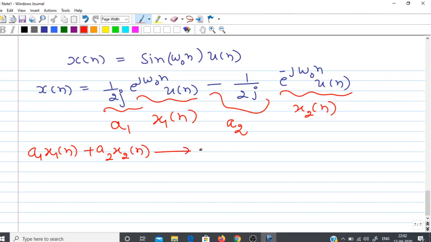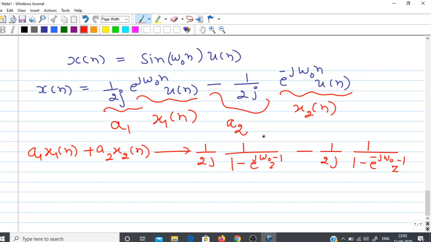So can we write the Z transform of the sequence a1x1[n] plus a2x2[n] using the linearity property? So it would be 1 upon 2j, and the Z transform of e to the power j omega naught n u[n] is known to us. I can write it as 1 upon 1 minus e to the power j omega naught z inverse, minus 1 upon 2j times the Z transform of x2[n], which is 1 upon 1 minus e to the power minus j omega naught z inverse.